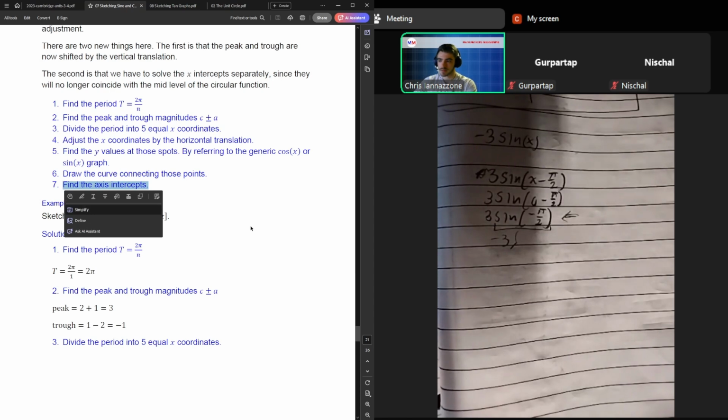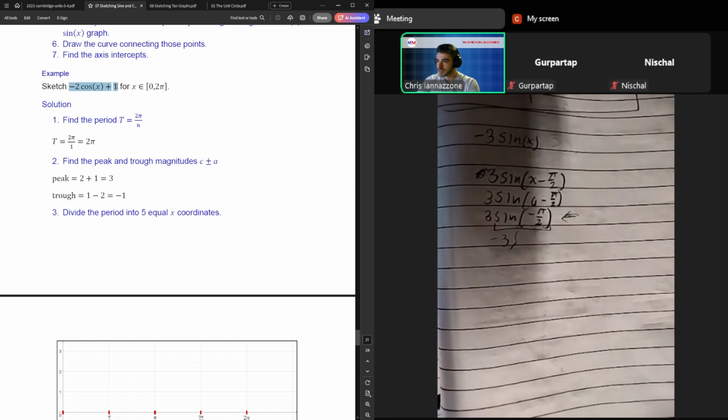Where it gets a bit more annoying is now it's likely that you'll have to find your x-intercepts individually. Previously they were key features, now they're not. But okay, we'll look at how that looks. So we have a cosine, it's got a vertical translation of 1. I've been nice and I've taken off the horizontal translation, so we don't have to worry about that too much.